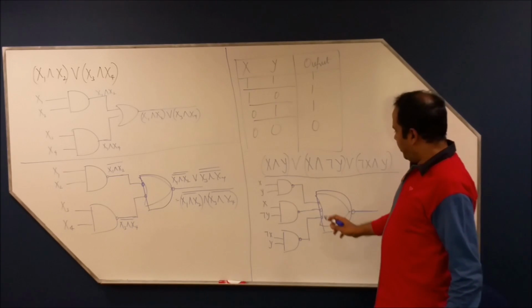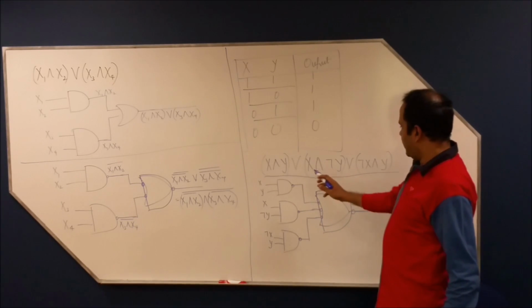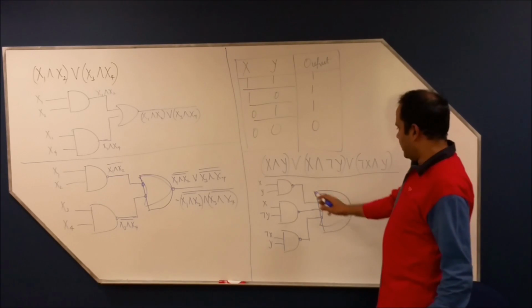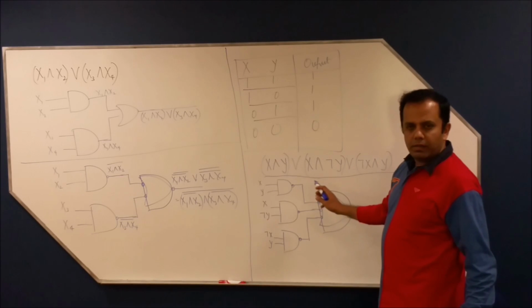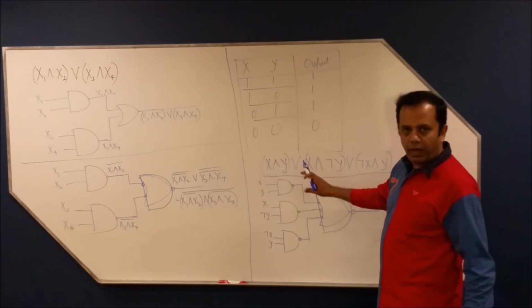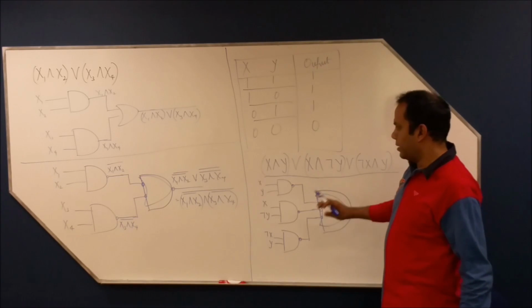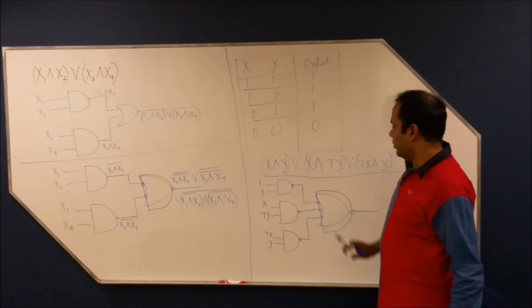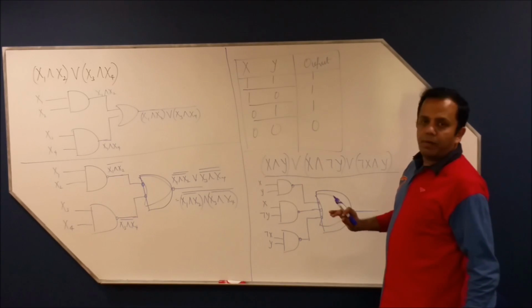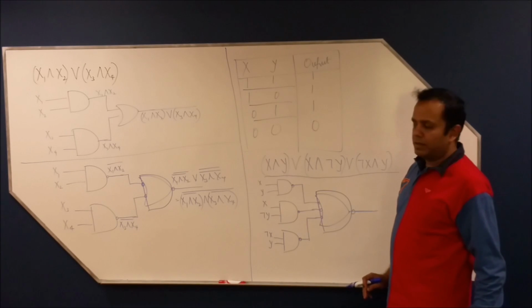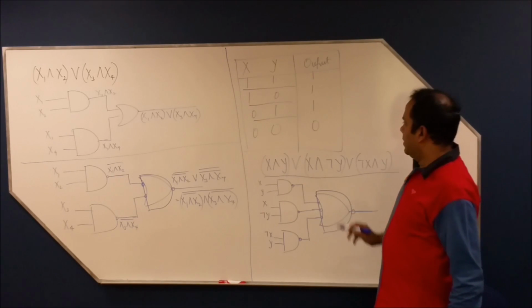Using this approach, where I just write down the expression and then write down the equivalent circuit consisting of AND gates and OR gates, or replacing the AND-OR schema with the NAND schema, it's not always possible to minimize the number of gates that are required.